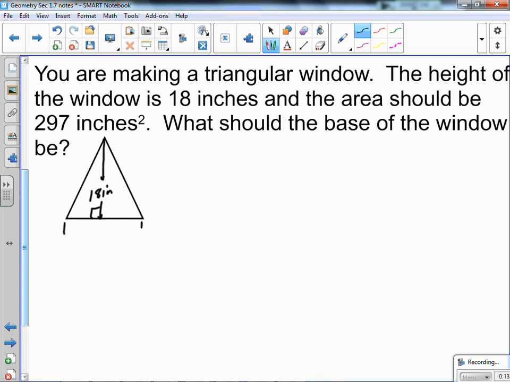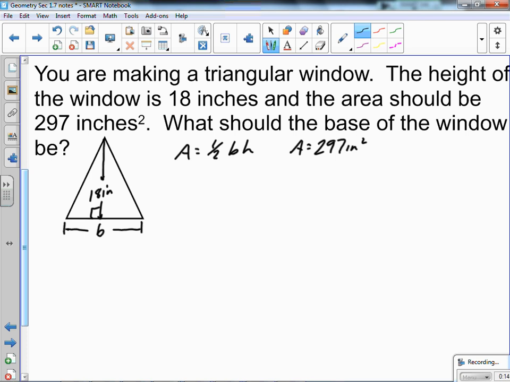And we don't know what the base is, but we know that the area is 297 inches squared. So since it's a triangle, we're going to use the formula area equals 1/2 the base times the height, which we also know that the area is equal to 297 inches squared.